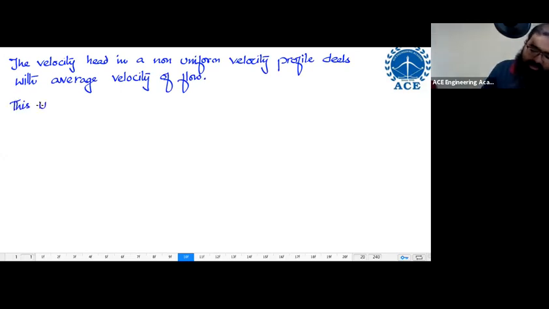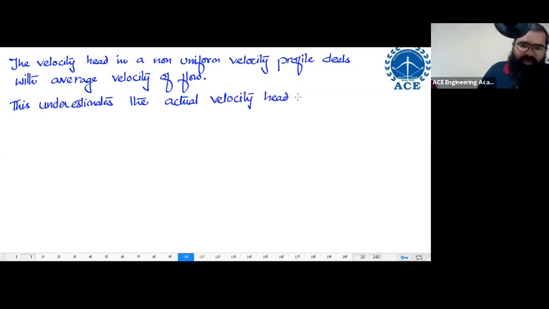This underestimates the actual velocity head. What is the meaning of underestimate? Underestimate means you are finding something lower than the actual value. This underestimates the actual velocity head.